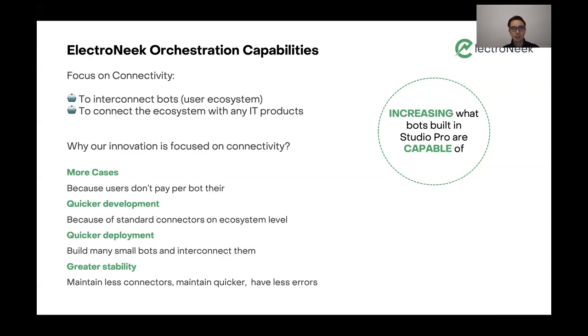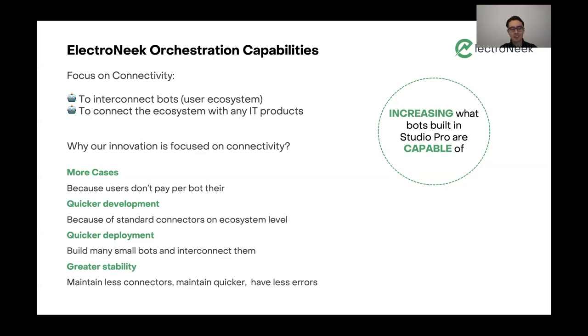Why connectivity? Again, we are in the business of building many small bots. I mean, you're likely in the business of building bots, and we build a tool that lets you do that. It's quicker to develop when you have many small bots and all your connectors sit not on the bot level, but on the level of Orchestrator. So if you connect into Salesforce, for example, you do it not on the bot level, you do it on the level of Orchestrator.